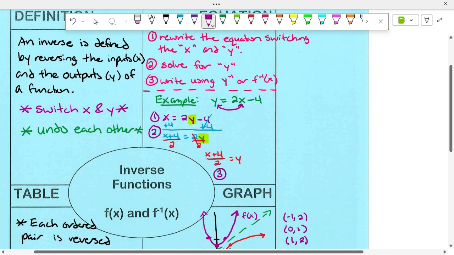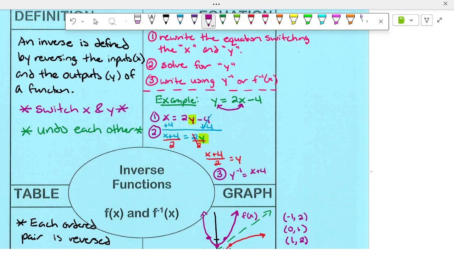So 3, our last step is to rewrite it using the correct notation. So we would write this as y to the negative 1 power is equal to x plus 4 over 2. Another thing to note is if you broke apart this fraction, meaning you put x over 2 and then 4 over 2 individually, because you can do that, x divided by 2 is just 1/2, so 1/2 x.